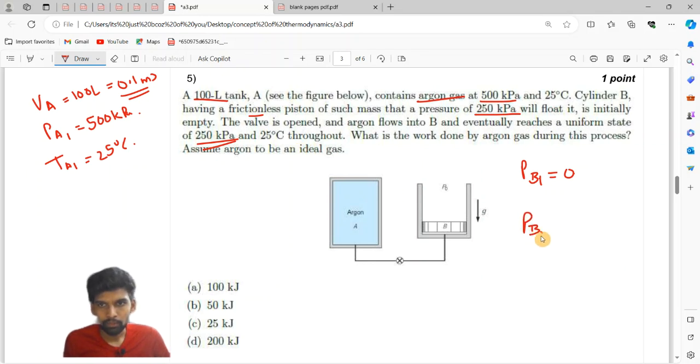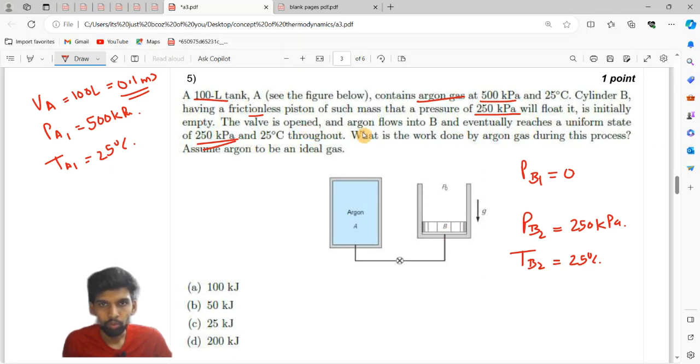We can write PB at state 2 is 250 kPa and TB at state 2 is 25 degrees Celsius. After opening the valve, we get this state.